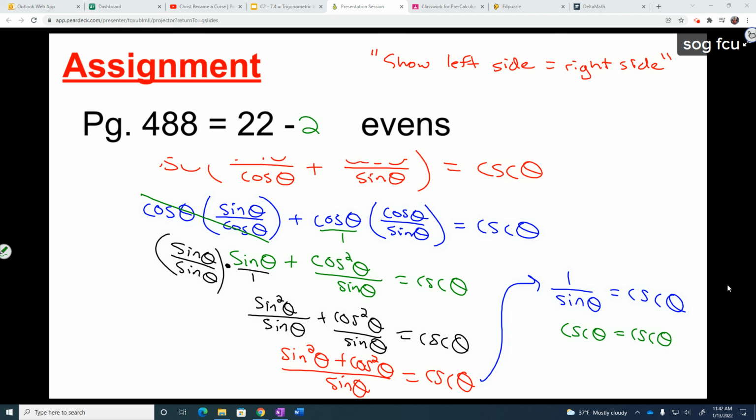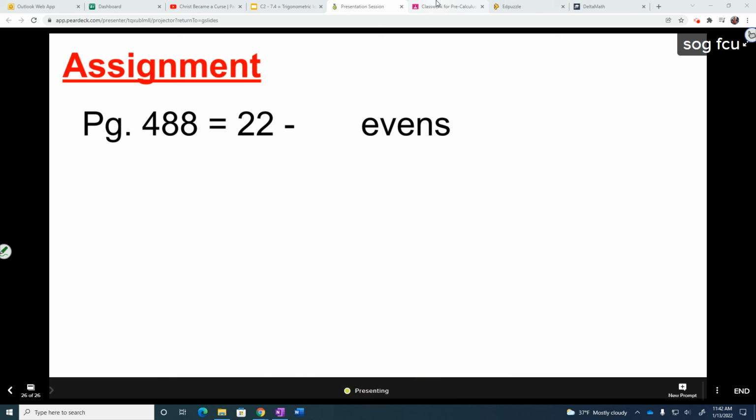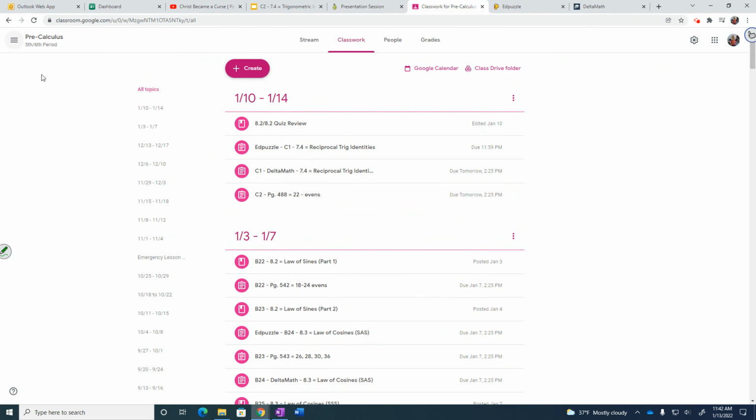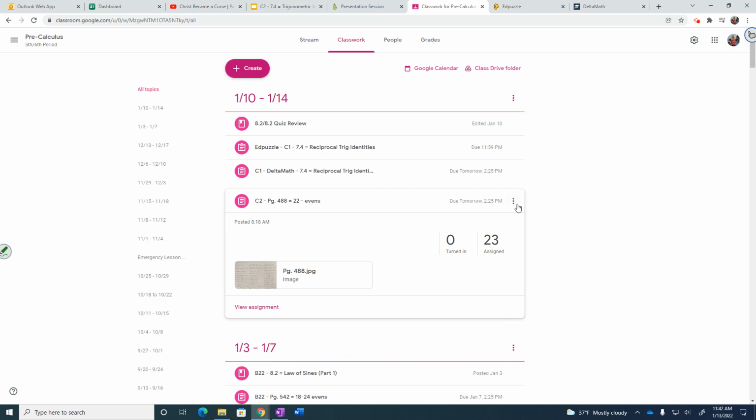Depending on how many we got through, I just wanted to modify the assignment. So if we got 3 of them, then assign the 3 problems. I thought we were just doing all of the one page. No, you don't have to do all of them. I'll add it in here, but the page is up there on Google Classroom.